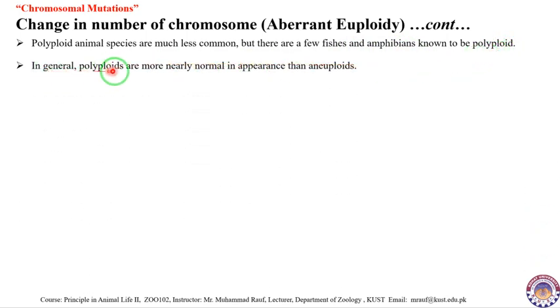In general, polyploids are more nearly normal in appearance than aneuploids. This means polyploids have a normal appearance even though they have an extra set of chromosomes, whereas aneuploids differ much more from normal individuals.